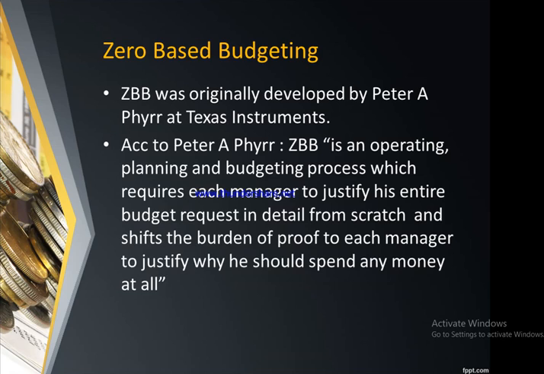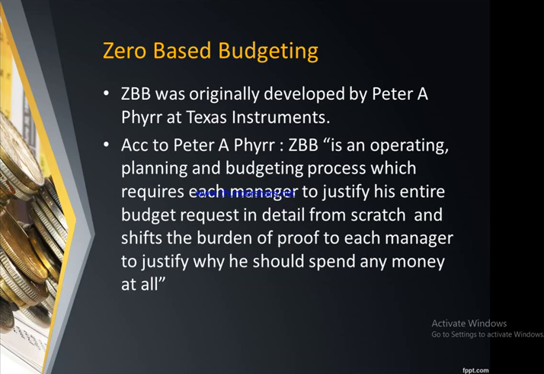Most people have this myth that zero based budgeting means cutting down on cost, but it is not about cutting cost, but utilizing the resources in the most productive ways.